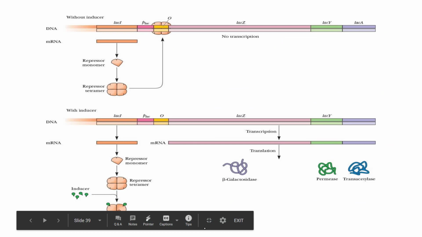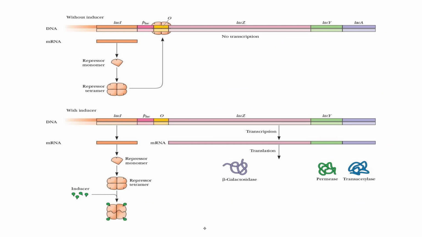Now I want to talk a little bit about this kind of setup where, let's say you had a gene that you didn't want on in the first place, okay? And we might not need it because we're not exposed to a particular substance, or we haven't eaten it, whatever.